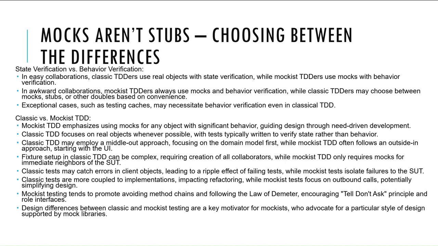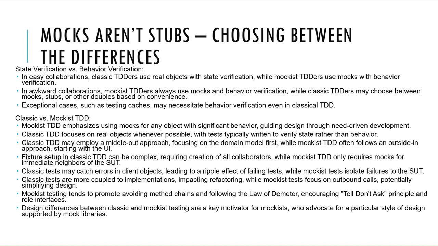Fixture setup in classic TDD can be complex, requiring creation of all collaborators, while Marxist TDD only requires mocks for immediate neighbors of the SUT. Classic tests may catch errors in client objects, leading to a ripple effect of failing tests, while Marxist tests isolate failures to the SUT.